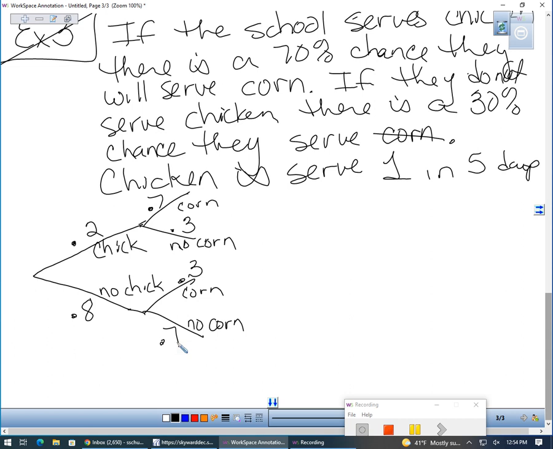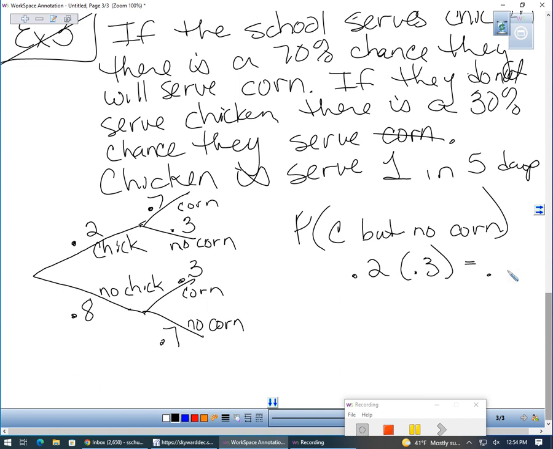So now if I were to say to you, what's the probability that we have chicken but no corn? So we're going to take our chicken, which is 0.2, and times it by our no corn, which is 0.3. 0.06.